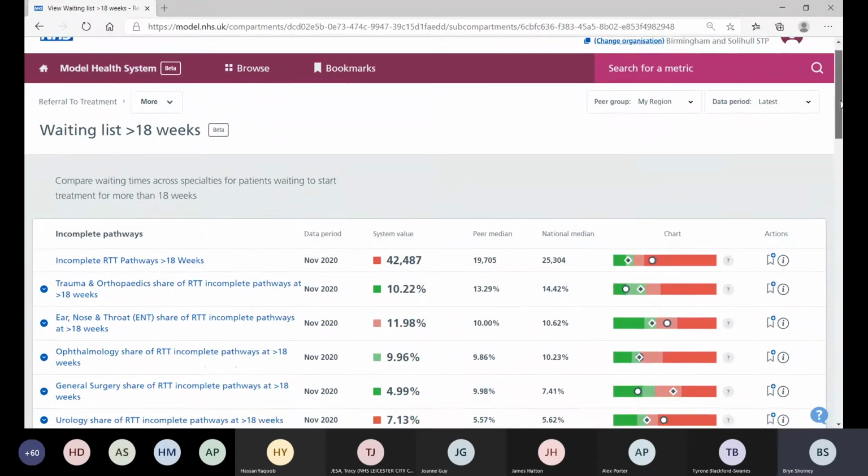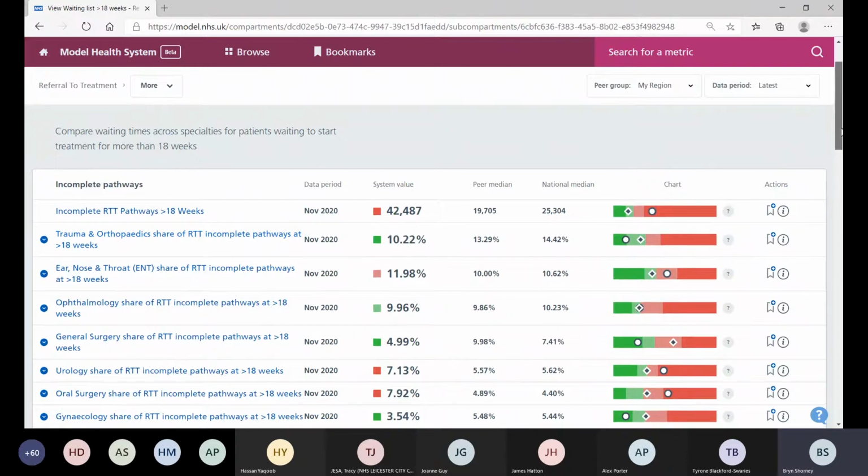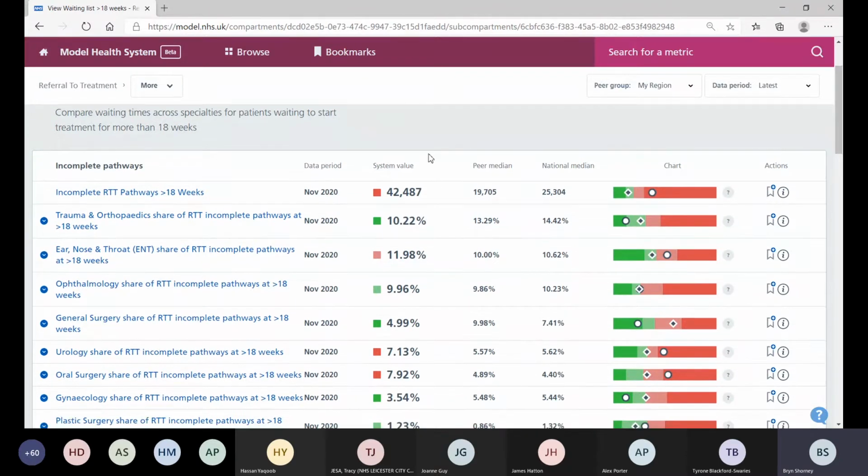So you can see that we've got the percentage here for each of the specialties.